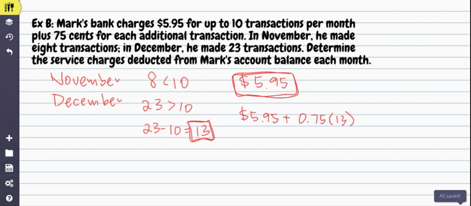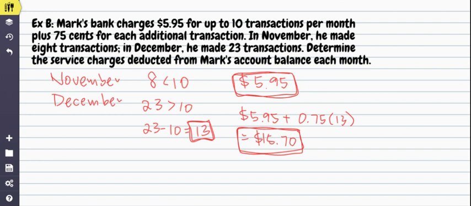Because for each of those, he's paying 75 cents. If you type that into your calculator, you get $15.70. So in December, because Mark did a lot of transactions, he was charged $15.70 from his account.